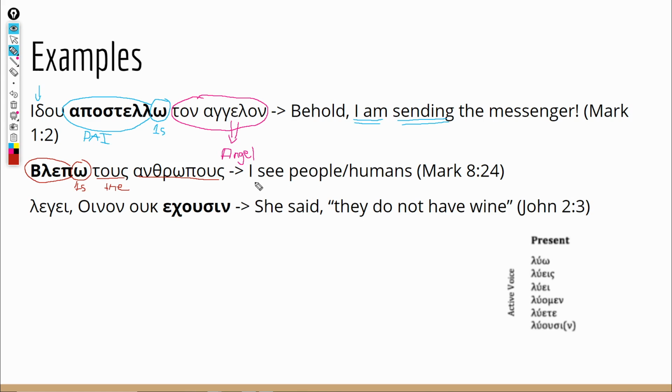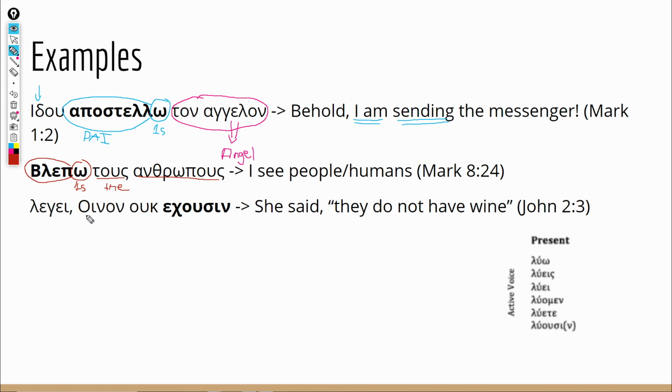Therefore, it's an interesting translation to say I see people or humans. It is present active. Therefore, it's an ongoing process. I think it would probably be perfectly fine to translate this as I am seeing people, or I am seeing humans.